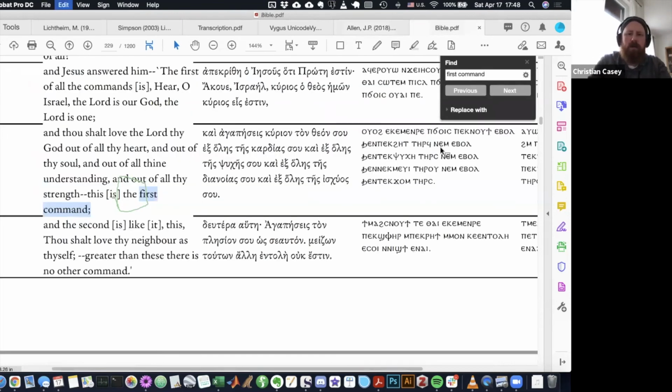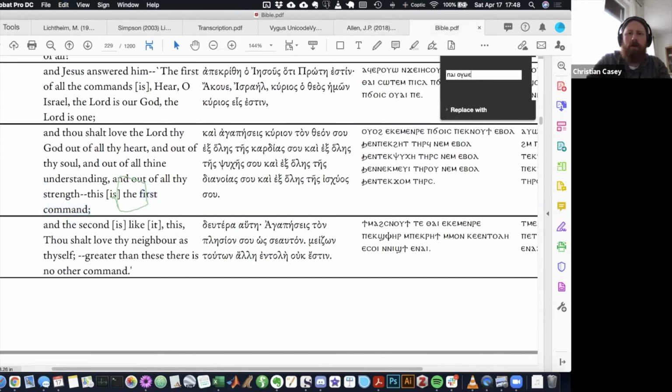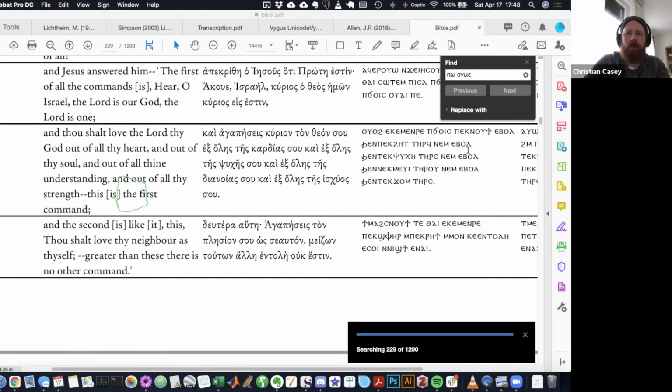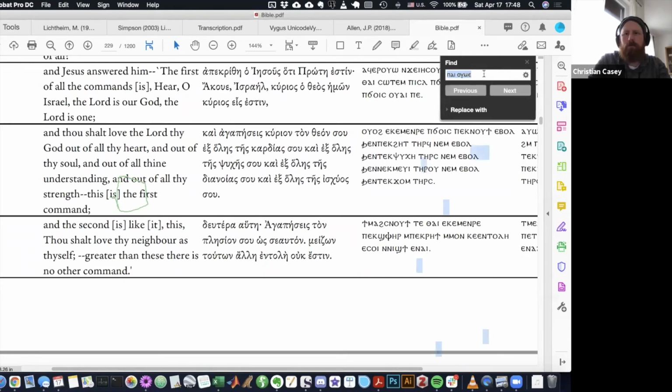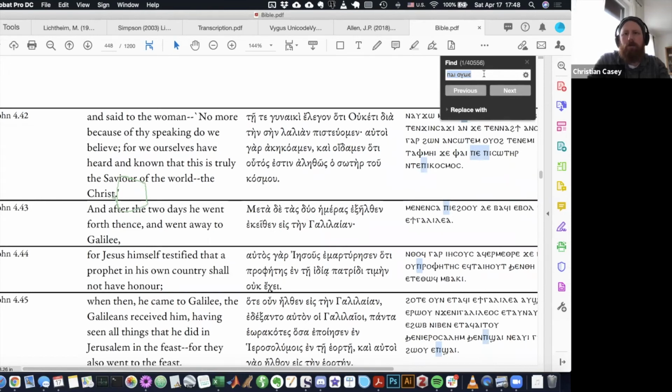Let me find the same sentence. Paiume. I can actually see what I'm typing, so hopefully I just typed real Coptic. Yes. Let's maybe try. Oh my gosh.